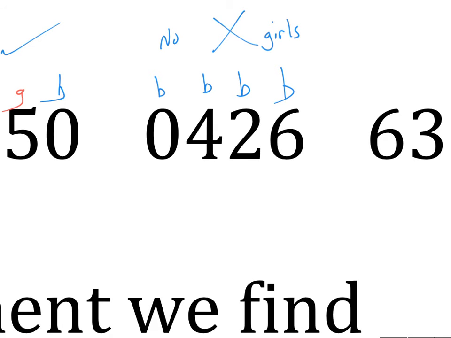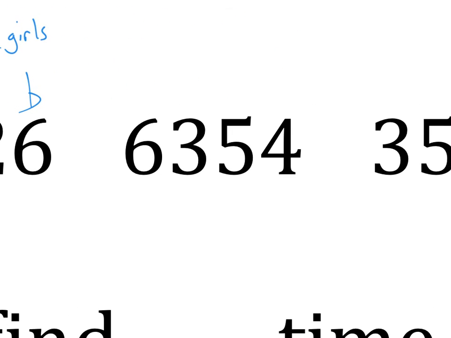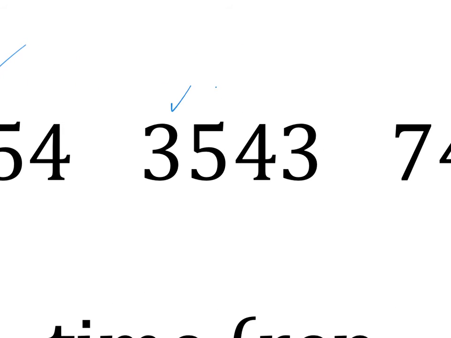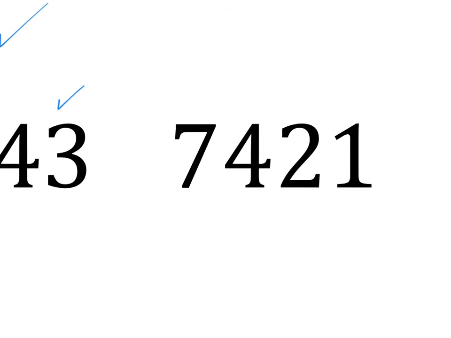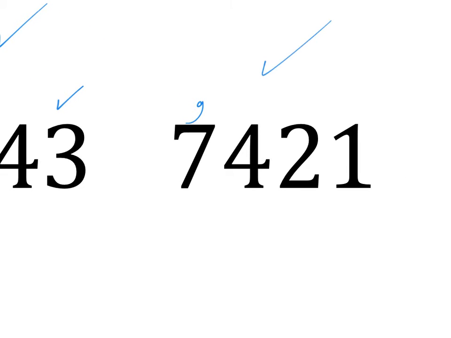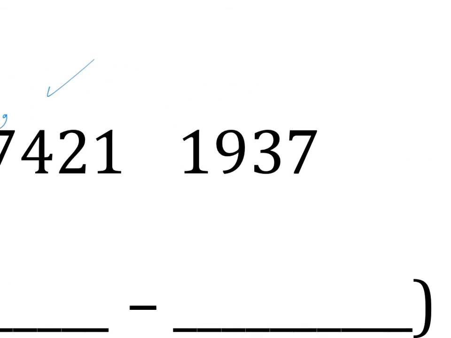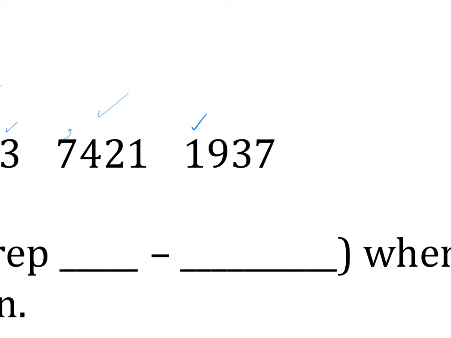This would be like somebody having 4 kids, and they're all boys. The next one, 3 would be a girl, so that one would work. The next one, 3, 5, and 3 are girls, so that would work. And then we have a girl, so that one works. Actually, it's not our last one. We have one more. 1937 will be like all 4 girls.